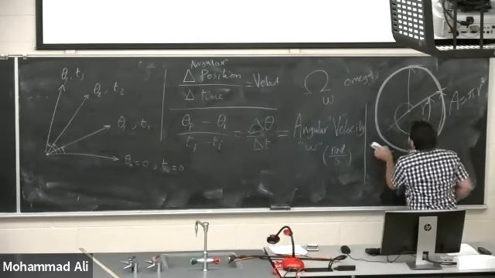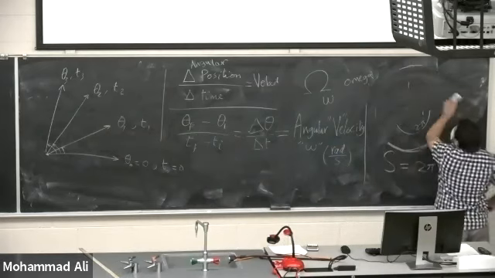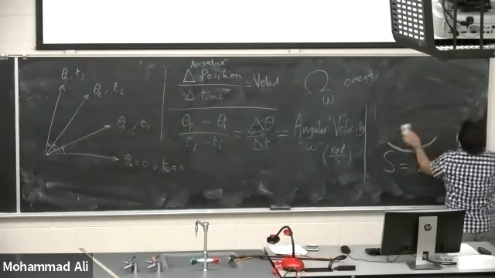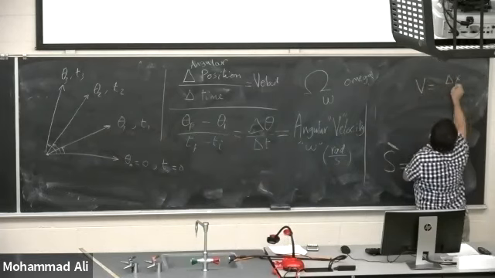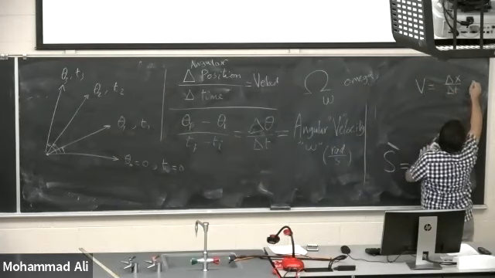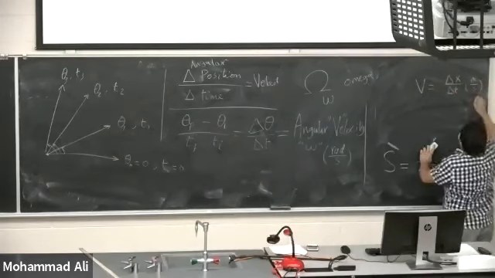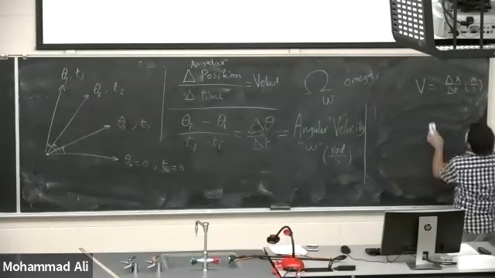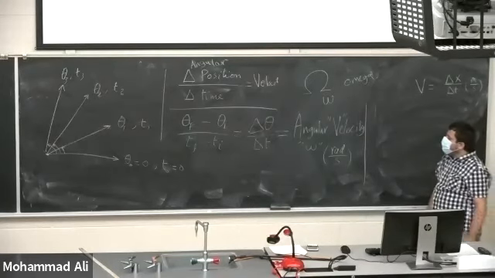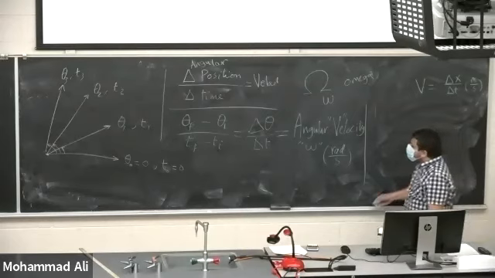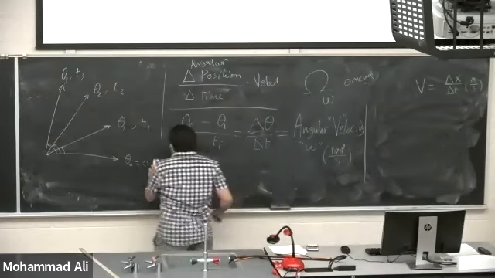We know from before that we have V is equal to delta x over delta t, which is meters per second, which is change in linear position over the change in time. Now we have angular. So we have the angular velocity.